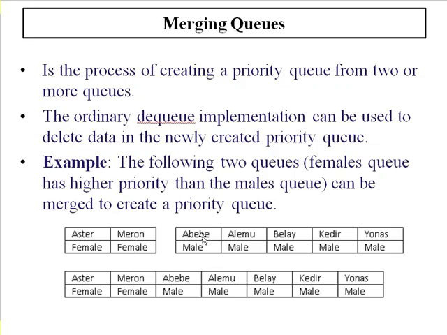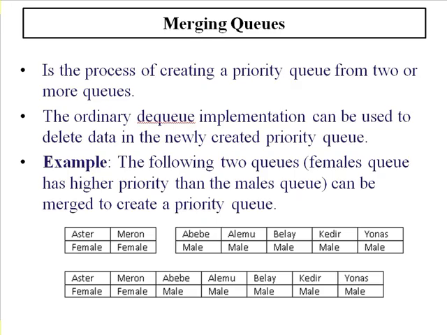Then we remove Abebe, then add, then Alemu, then Belai, then Kadir, then Jonas. So we just remove items from the sub queues and create a single priority queue based on their priority level.